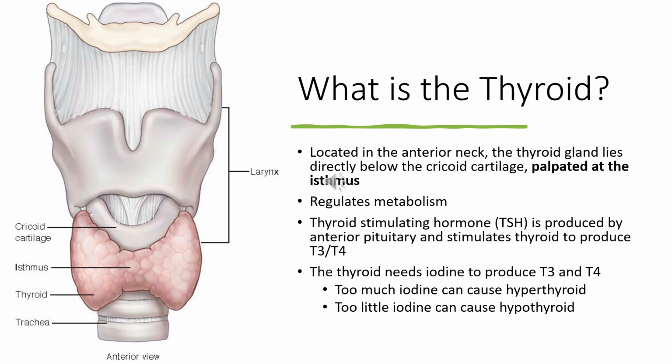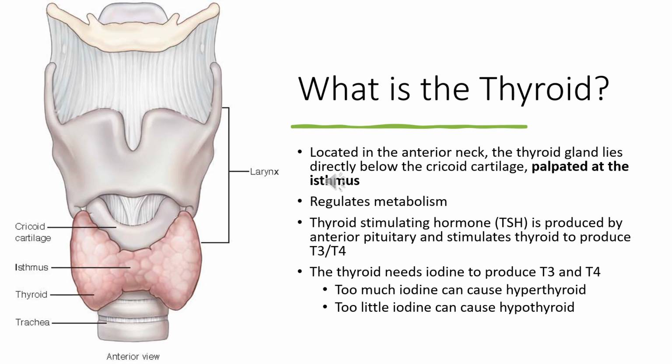When you're looking at the lab slips, you have to understand that if we have too little thyroid stimulating hormone, that means we have a lot of thyroid hormone. The thyroid stimulating hormone is what tells our body we need more. So if we have very little of that, that means we have a lot of T3 and T4. You'll see this inverse relationship.